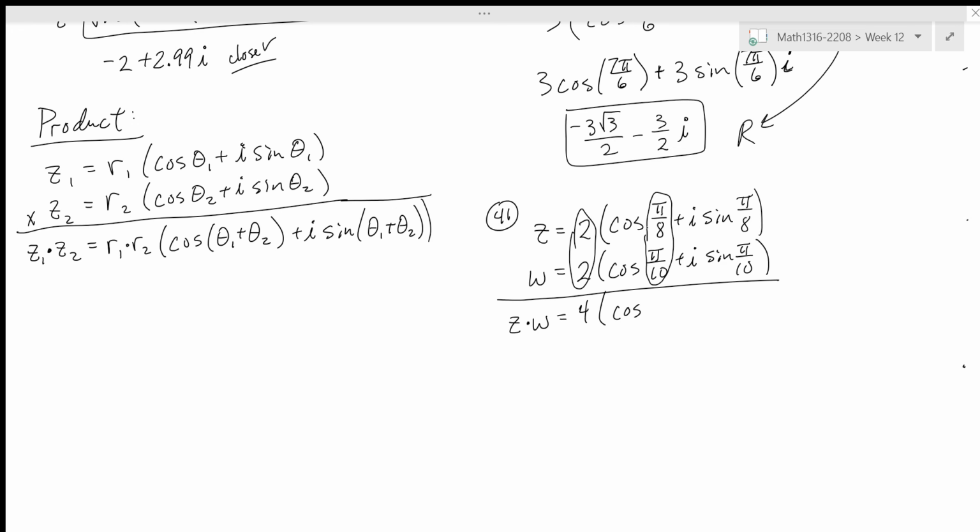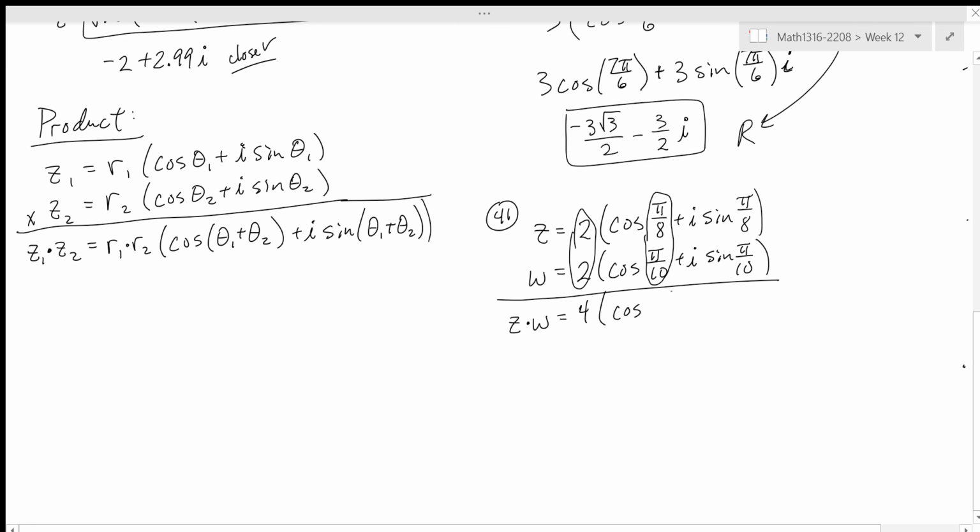Use a common denominator or a calculator. Okay, fine, you're right. So let's do pi over 8 plus pi over 10 and see what we get. I'm waiting. What is it?